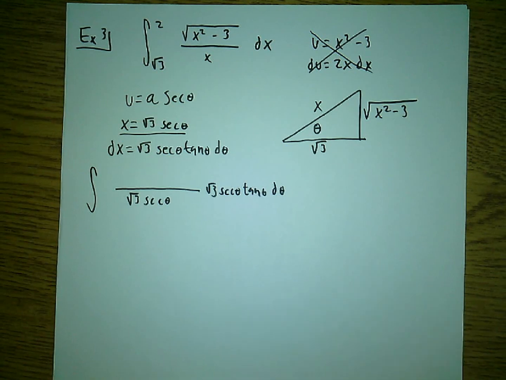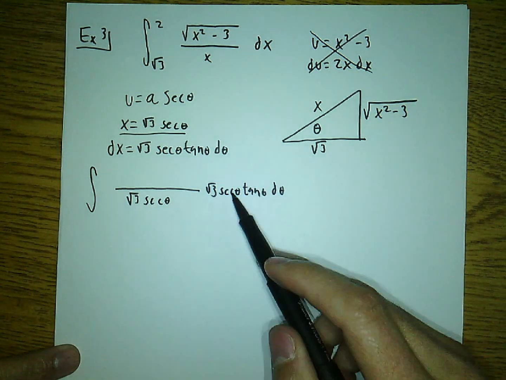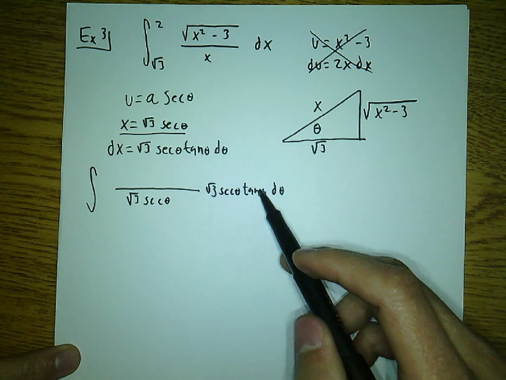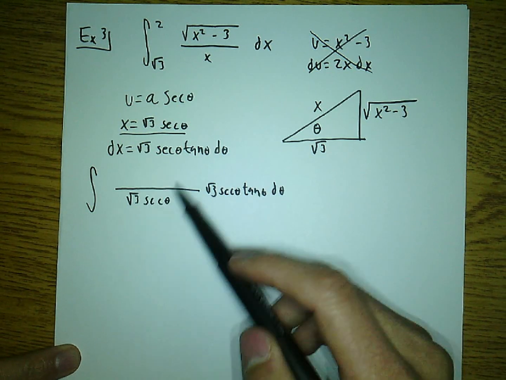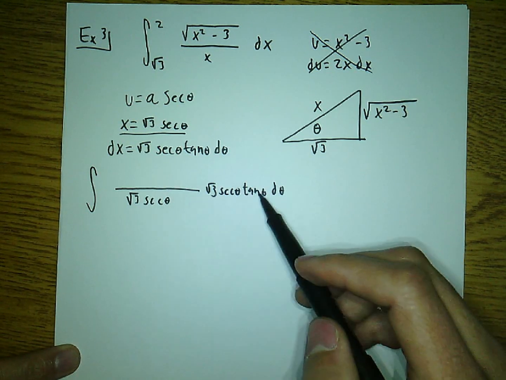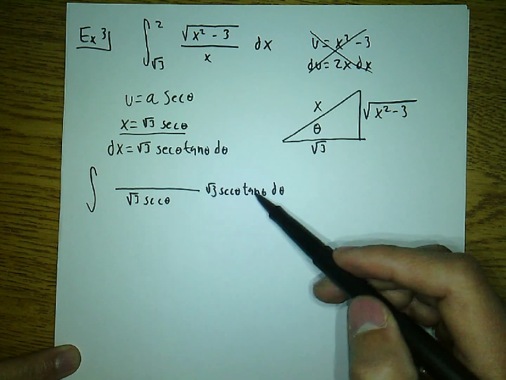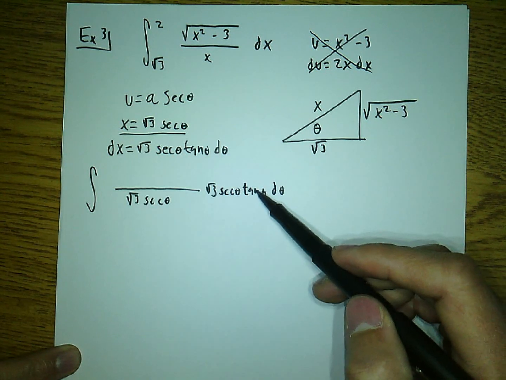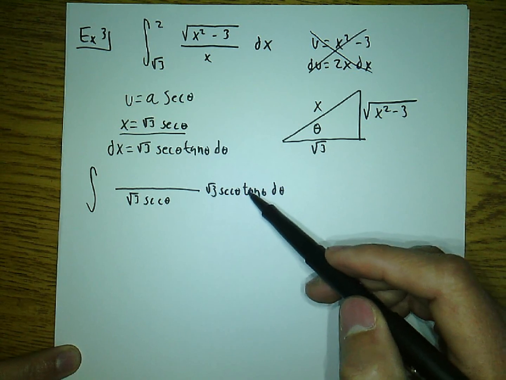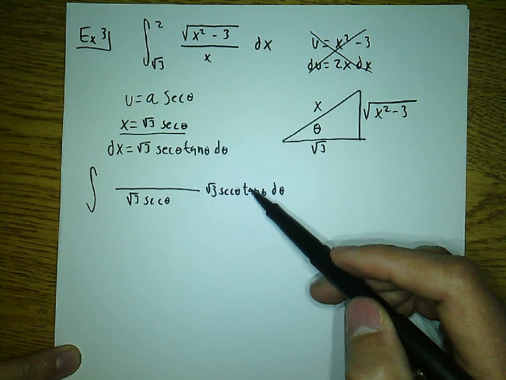Now, I want you to make a decision based on what we have here. What do you notice is going to happen? The secants are going to cancel. And the root 3, right? And I'm just going to be left with tangent. So technically, you can choose anything you want, but if you're already in tangents, why would you choose anything else other than tangent? Do you guys see why I'm making that choice? Yes?